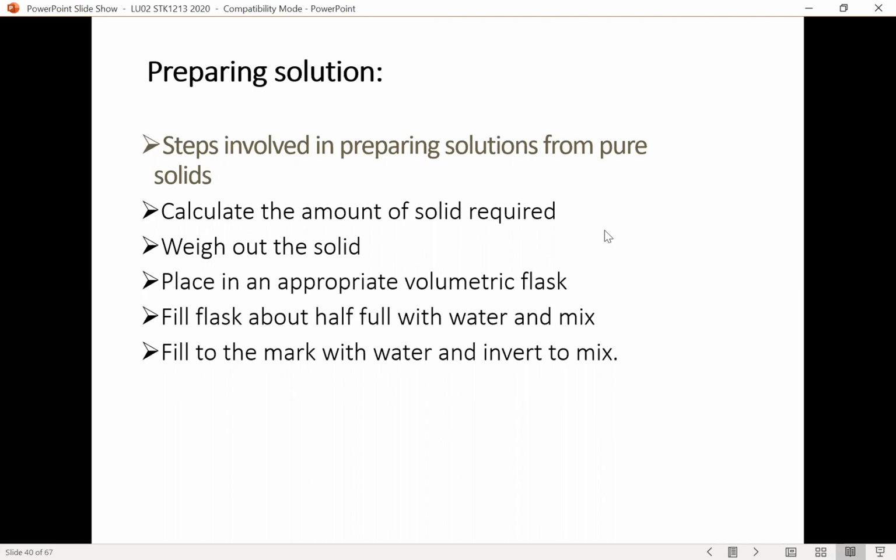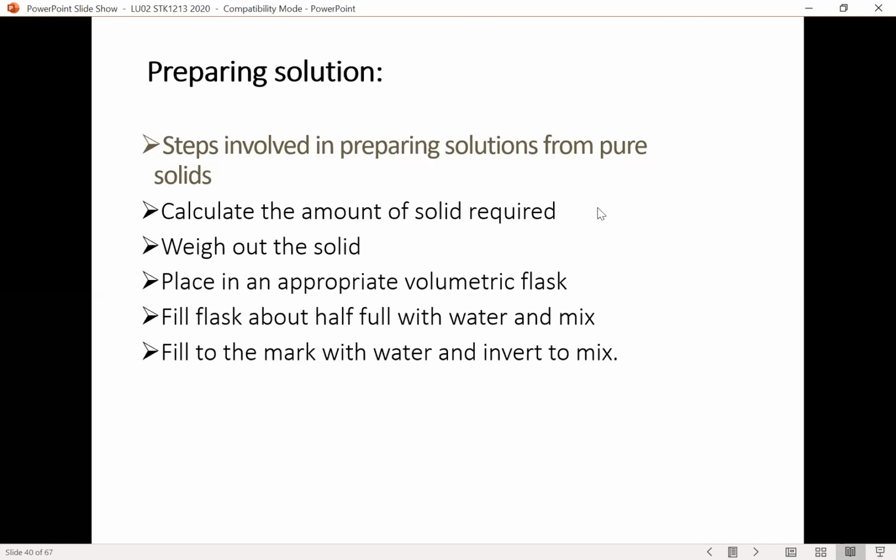Now, these are the steps for preparing solutions from pure solids. First, you have to calculate the amount of solid required. How do you calculate the amount of solid required? You have to go back to the definition of molarity. You have to be able to define how many molar you want to prepare your sample and how many liters, what is the volume.